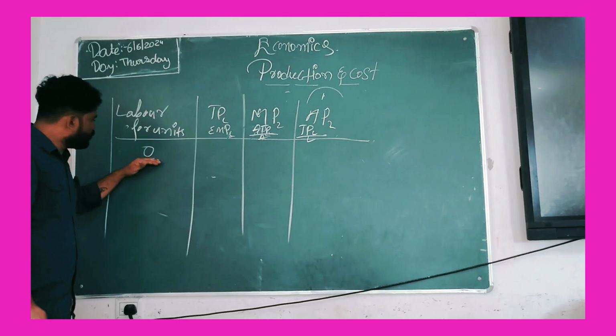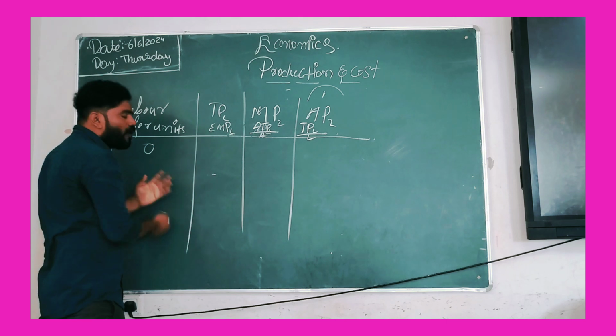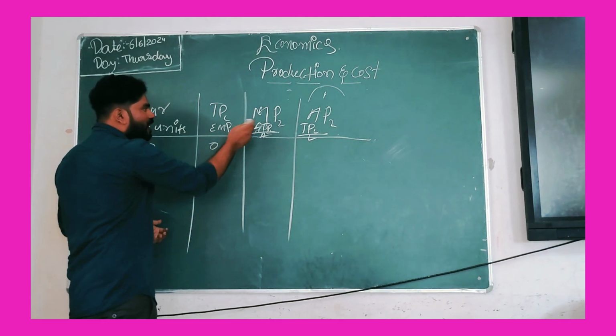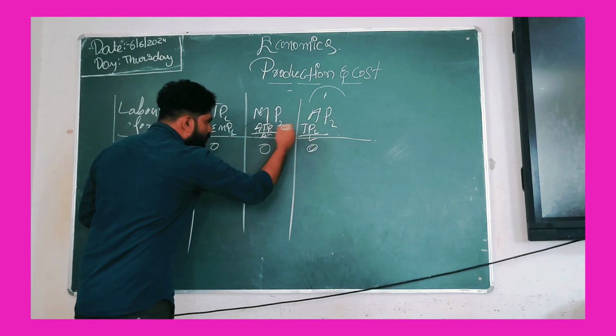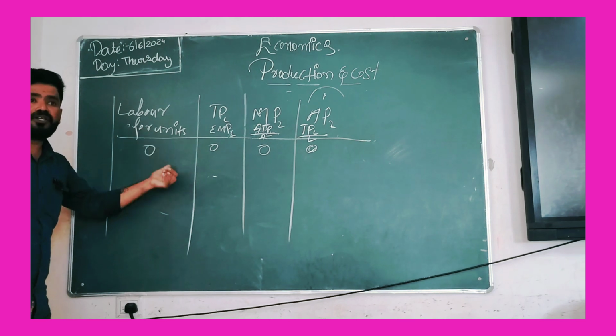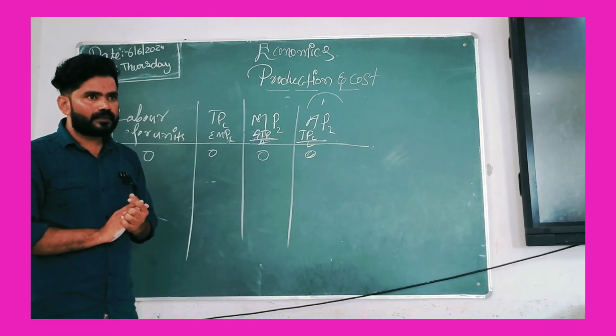The firm using 0 units of labor: total product is 0, marginal product is 0, and average product is 0, because the firm is not using any labor.